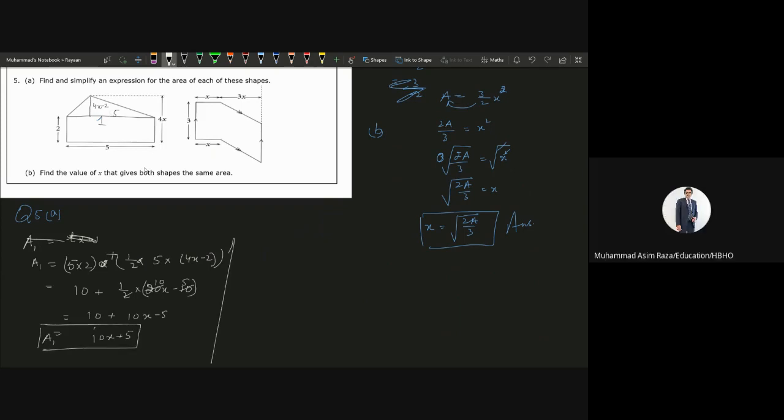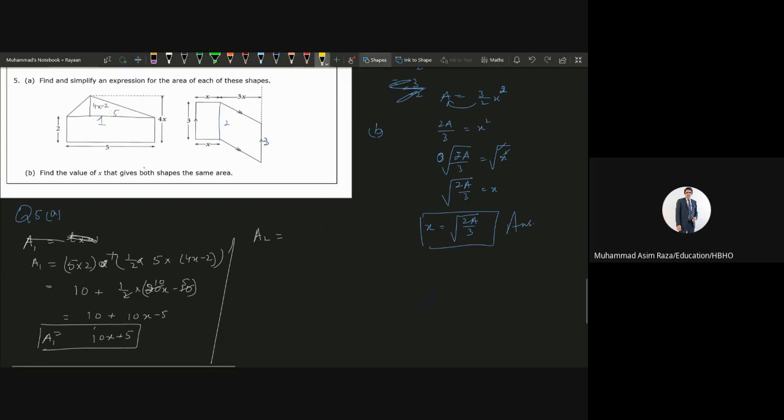Next, we can find out the area of shape 2. You see that here again we have to divide it into two shapes like this one. And this is overall the second shape. It has a rectangle and a parallelogram. Better listen, if this is 3, then this is 3 as well. And a parallelogram is like this one that I'm going to draw.